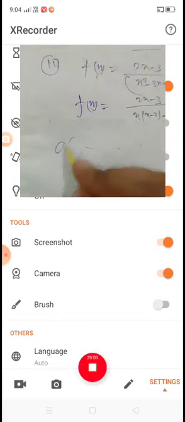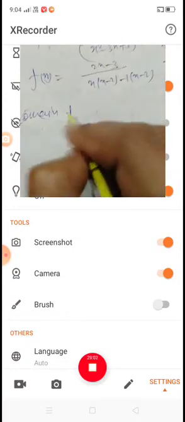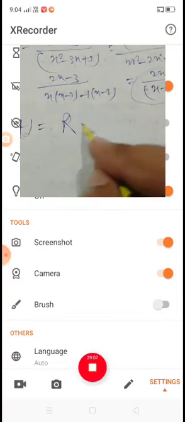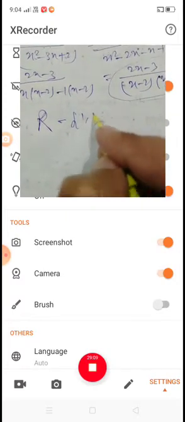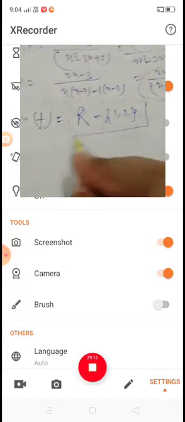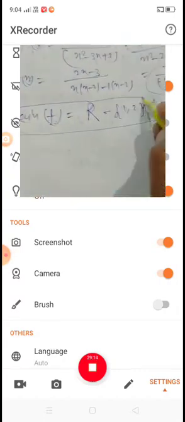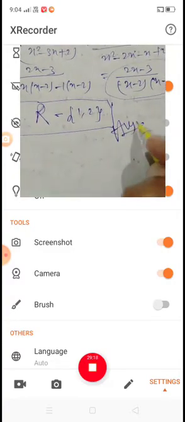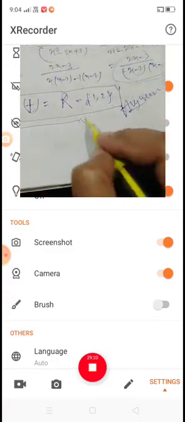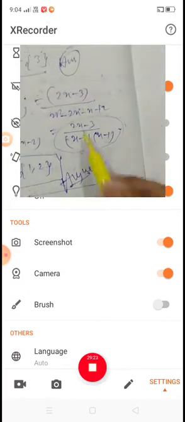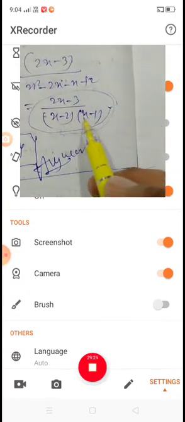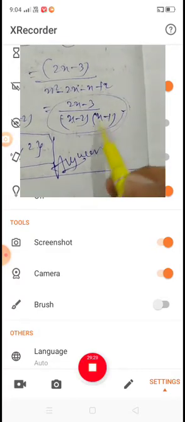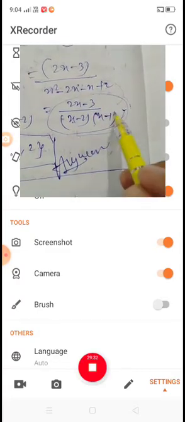So the domain of the given function is the set of all real values except 1 and 2. This is your answer, because in the denominator, when we put x equal to 1 and x equal to 2, for both values the given function is not defined.